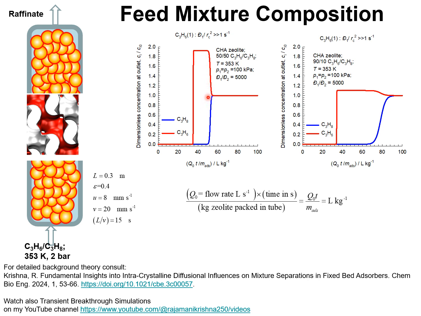The roll-up for a 50-50 mixture is of the order of 2. In other words, the dimensionless concentration at the exit of the fixed bed approaches a value close to 2 for 50-50 mixtures.